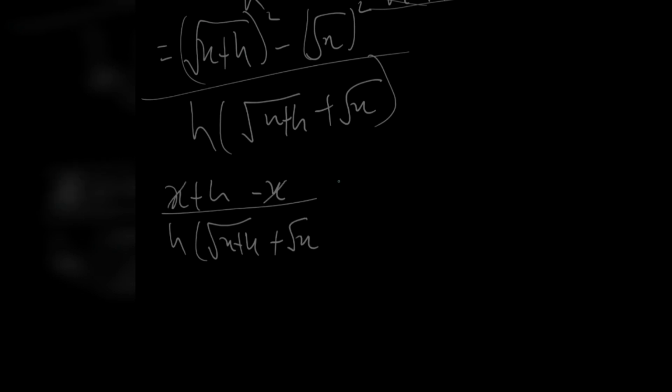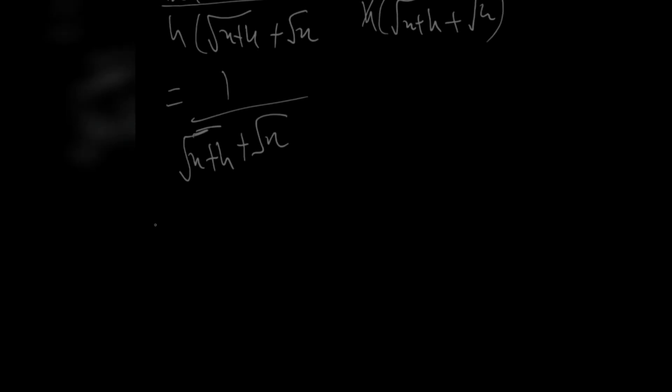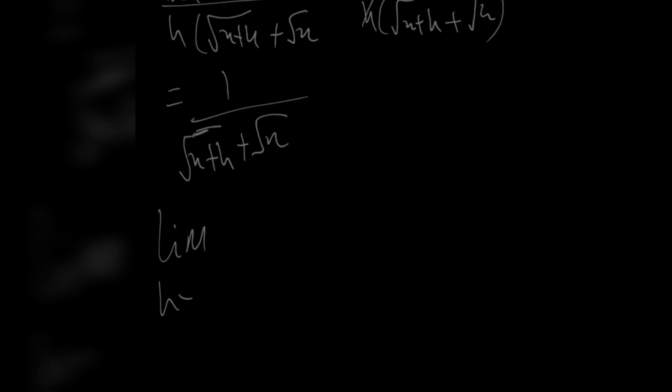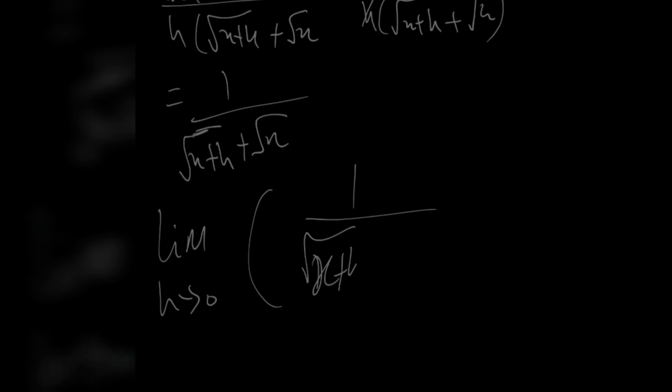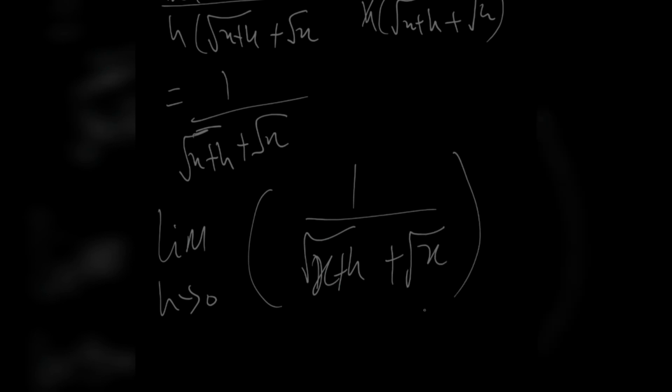x minus x will be cut off, so we get h over h multiplying square root of x plus h plus root x, then these two h's will cancel out, so we just get 1 over root of x plus h plus root x. Okay, so this limit that we have over here will now be the limit as h approaches 0 of 1 over square root of x plus h plus root x.